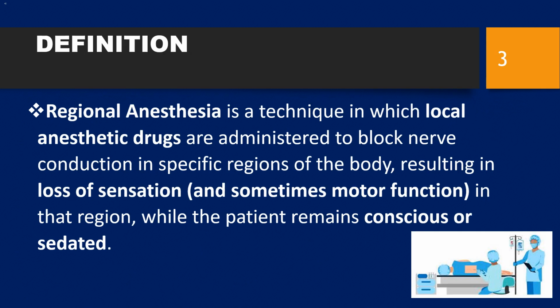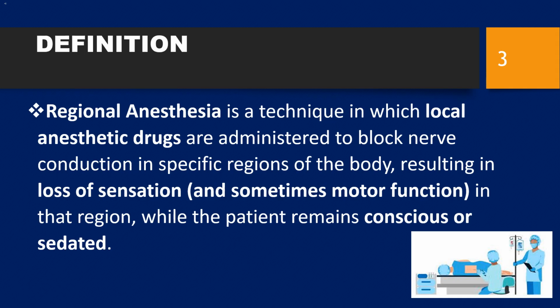Definition of regional anesthesia. Regional anesthesia is a technique in which local anesthetic drugs are administered to block nerve conduction in specific regions of the body, resulting in loss of sensation and sometimes motor function in that region, while the patient remains conscious or sedated. 1. Regional anesthesia is a technique, a medical procedure that targets specific areas of the body. 2.